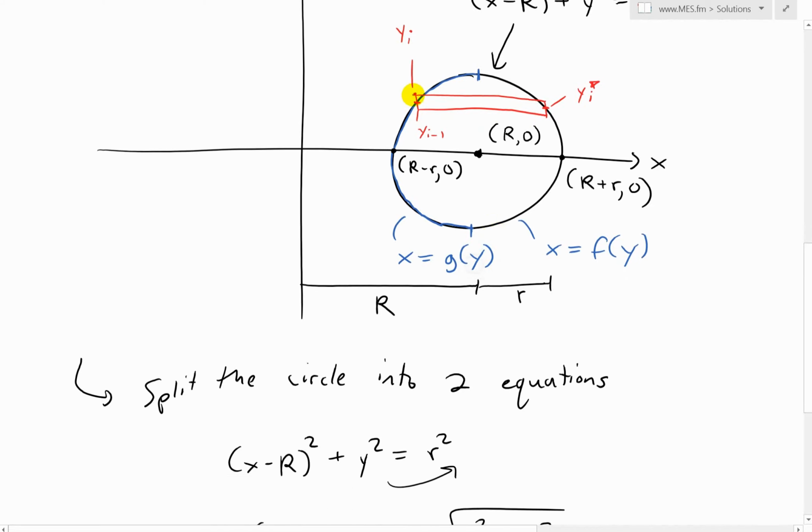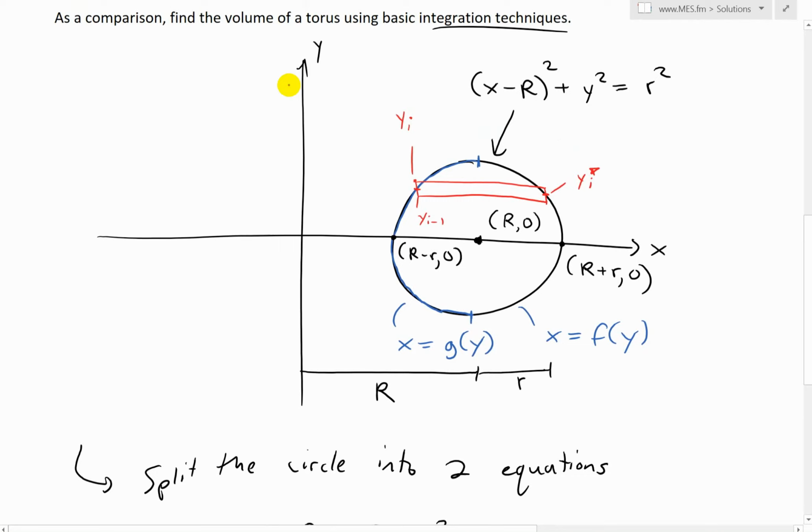Now, if we rotate this to get a torus, what we end up having is something that looks like that. Let's draw this a bit neater.